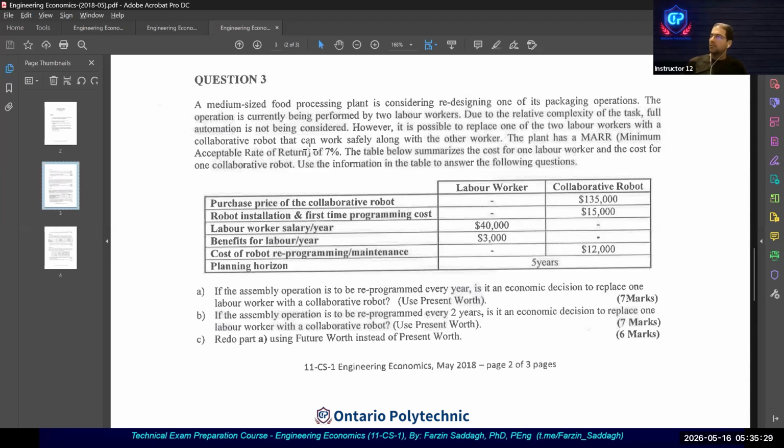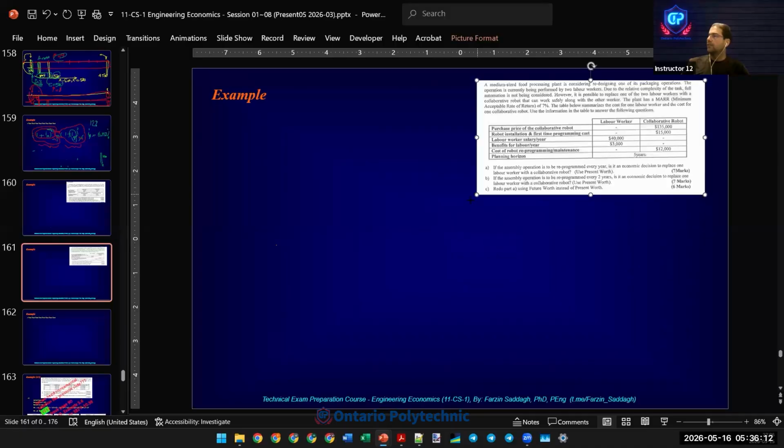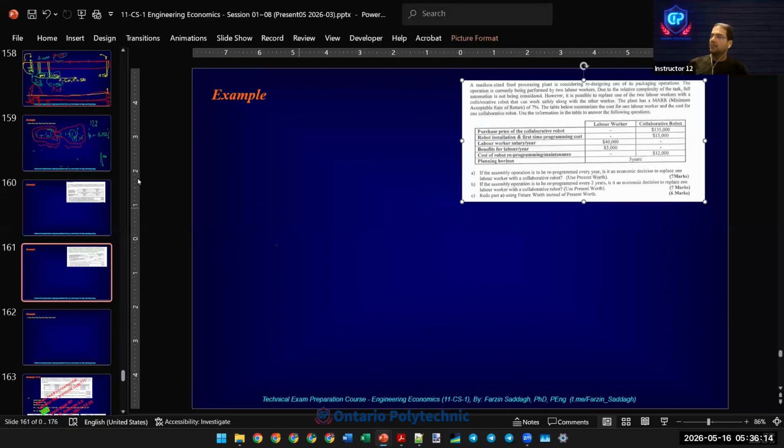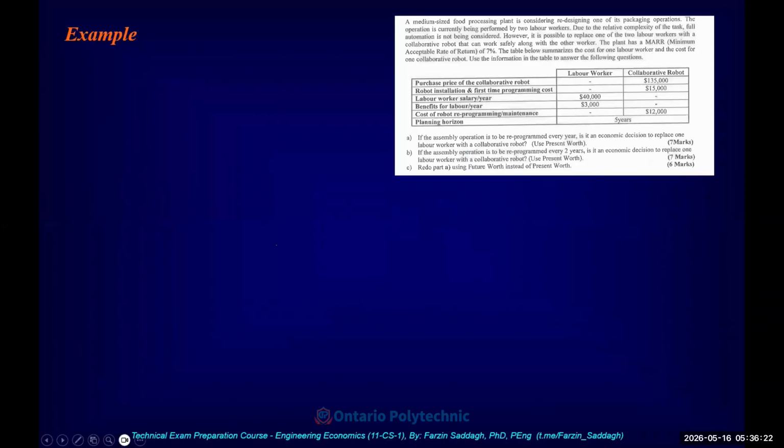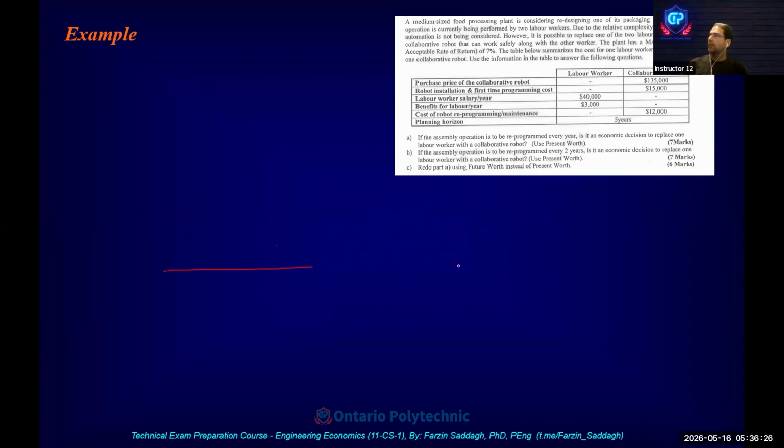So for comparison, you have two options. The first one is two labors, right? Yes. To find the present worth, 5 years. Option one: we have annually 86.